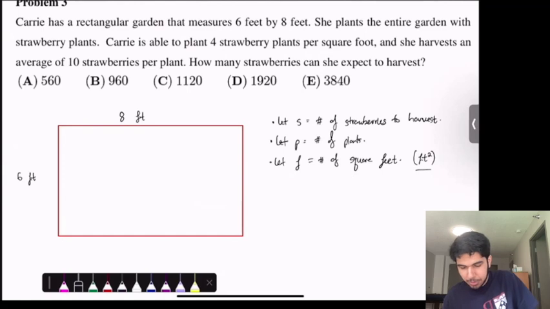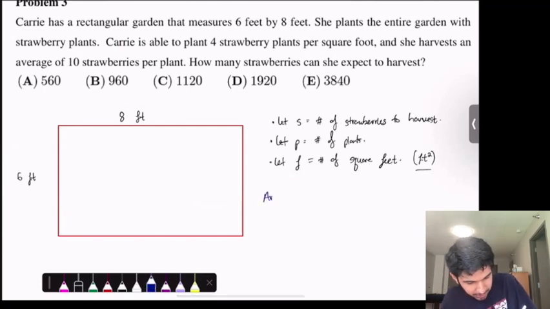So, for example, in this garden, if we take the area of it by multiplying the length and the width, we get some number, in this case 6 times 8, 48, and its unit is feet squared. So the garden has area 48 feet squared.